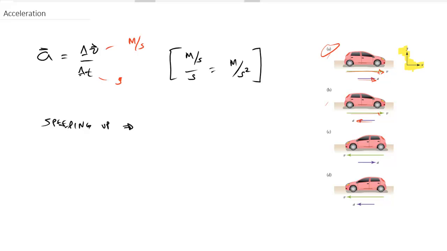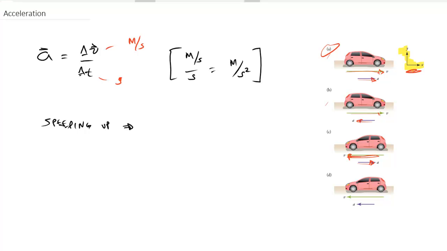In case C, we see that we had a velocity which is actually negative, yet we had a positive acceleration. Acceleration was to the right, which we have defined to be positive, and velocity was to the left, which we defined to be negative. Because these are opposite of each other, it is slowing down. So in case C, the car is slowing down because the acceleration is anti-parallel to the velocity.